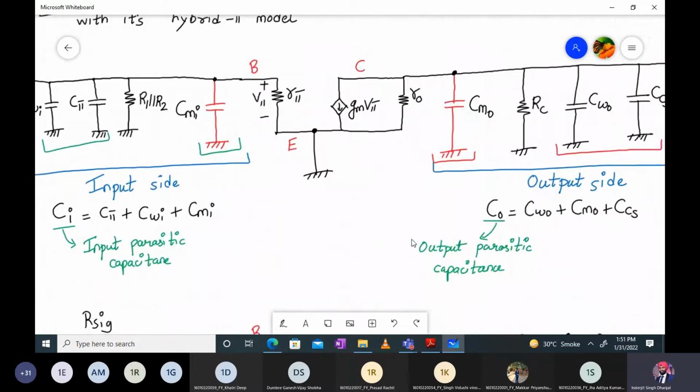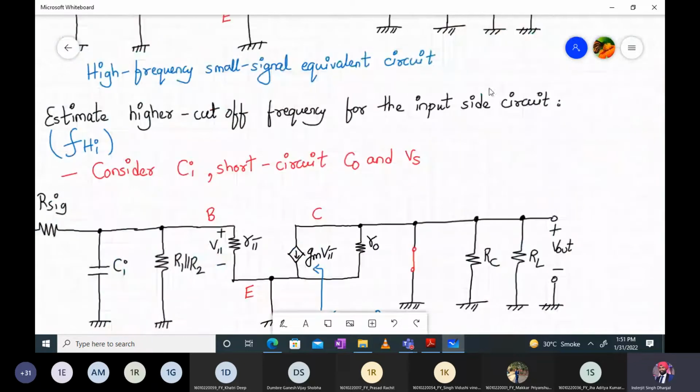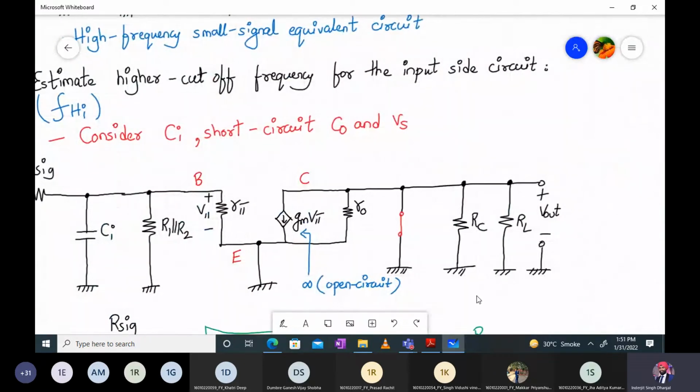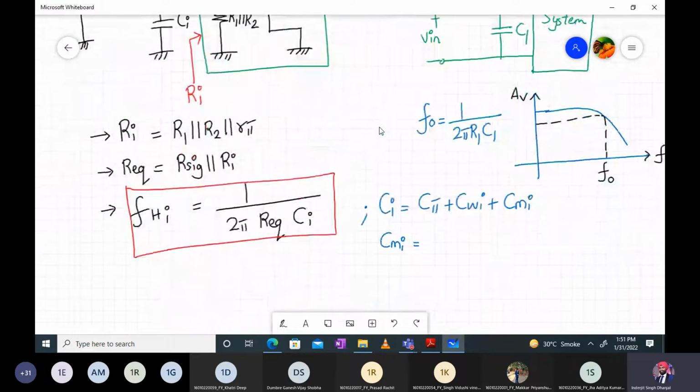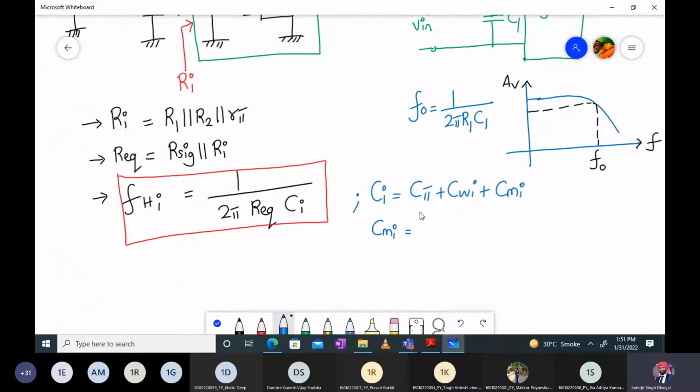So that is what we will write over here. I hope you all are following. Okay, so CMI will be C mu into 1 minus AV, the voltage gain. Fine. So this is how we determine the value of FHI.